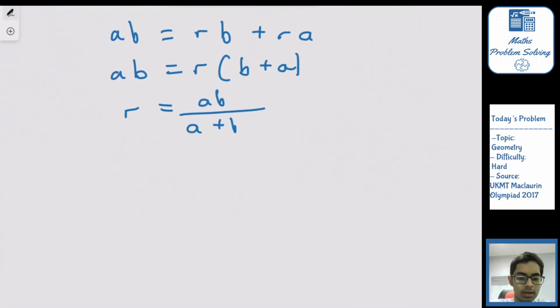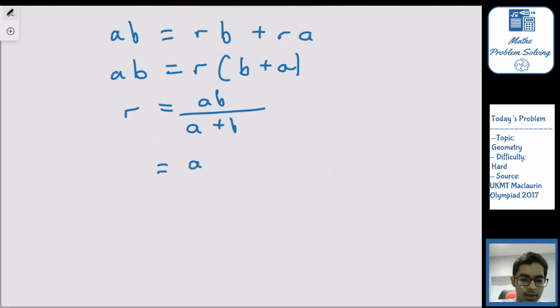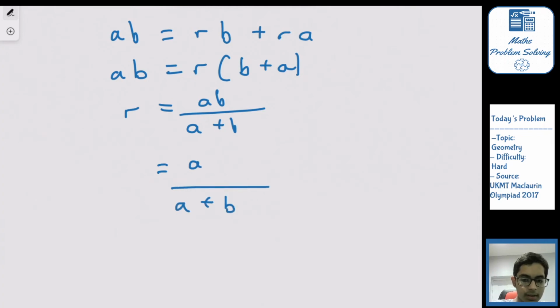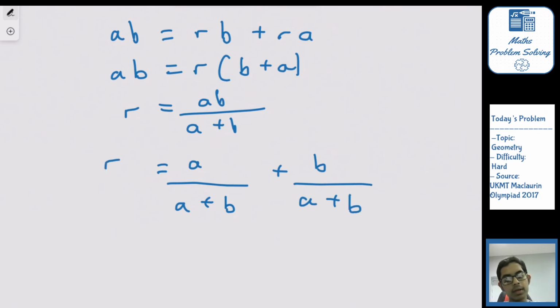Now let's break up this fraction into two separate components: a divided by a plus b plus b divided by a plus b. And we have the r term over here.